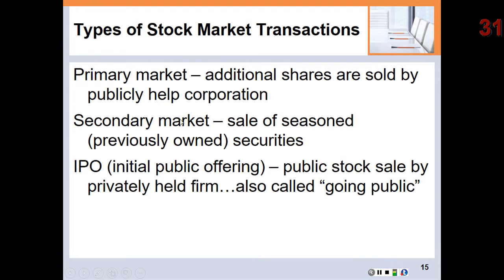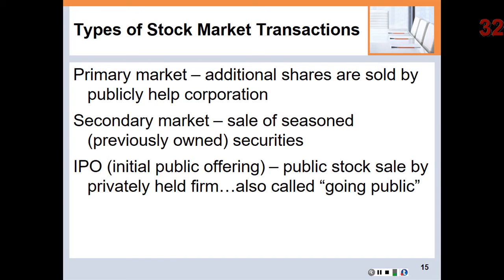And then a secondary market transaction, that's what we typically think of when we buy stock. It's when you have seasoned, you can also call them previously owned. If we were in the car market, we would call it a used car. These are used shares of stock. Somebody else owned it, you bought it, you don't care who owned it, it doesn't matter to you. Or if you sell, you don't care who buys it.